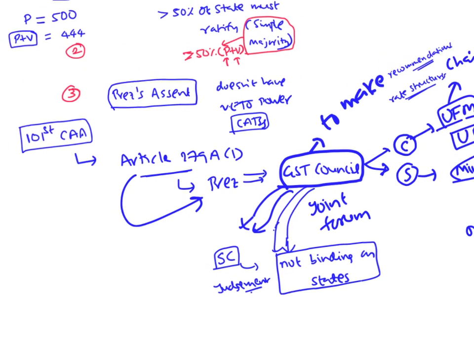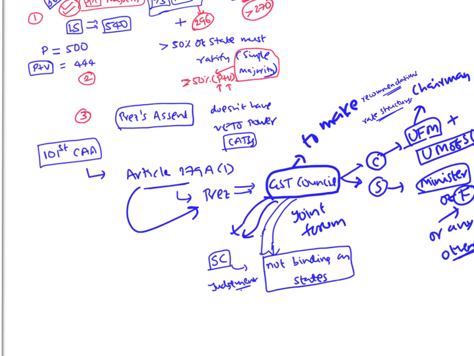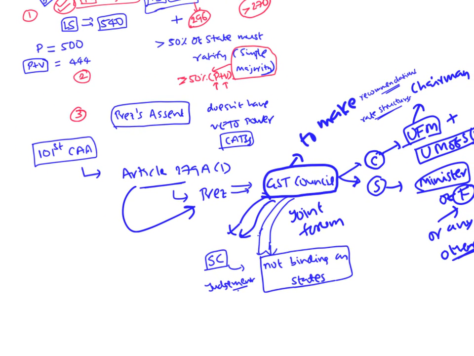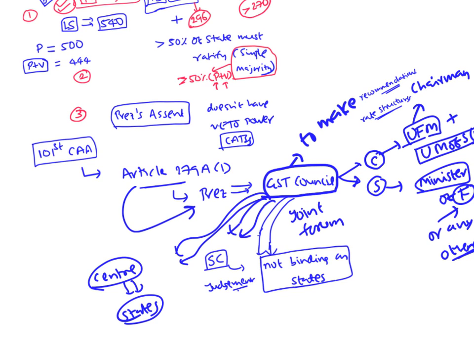So, states have an issue. Let's try to understand this aspect also. States always complain that generally center is imposing its will on states. How? GST Council's voting pattern, if you look at it, 1/3 votes belongs to center, only 2/3 belongs to all states combined.